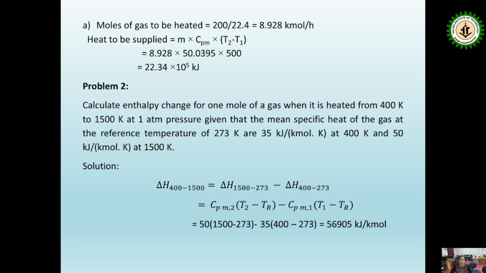So moles of gas to be heated multiplied by mean heat capacity of gas into temperature difference 500. It will come 22.34 into 10 to the power 5 kilojoule. So in this problem, we learn how to calculate mean heat capacity and heat requirement to heat the gaseous substance within the given temperature range.